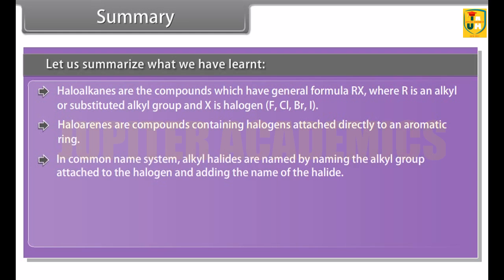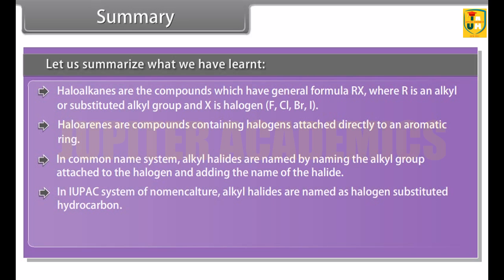In the common name system, alkyl halides are named by naming the alkyl group attached to the halogen and adding the name of the halide. In the IUPAC system of nomenclature, alkyl halides are named as halogen-substituted hydrocarbons.